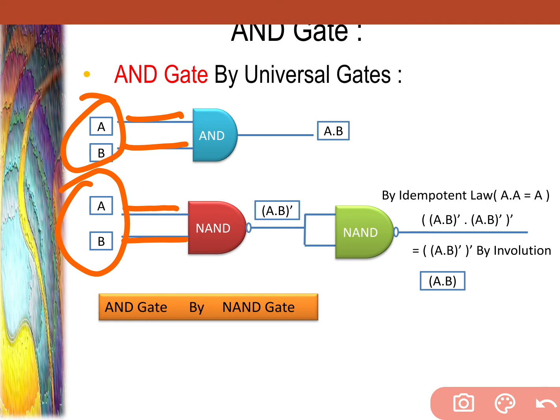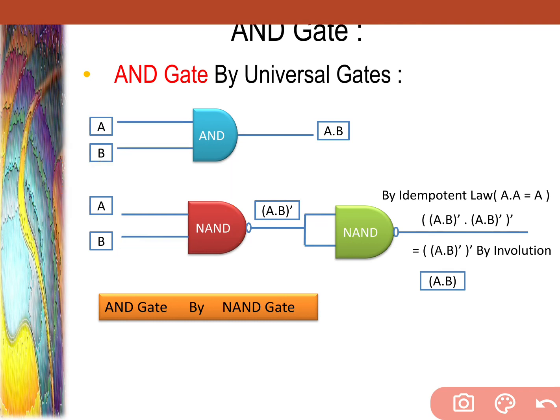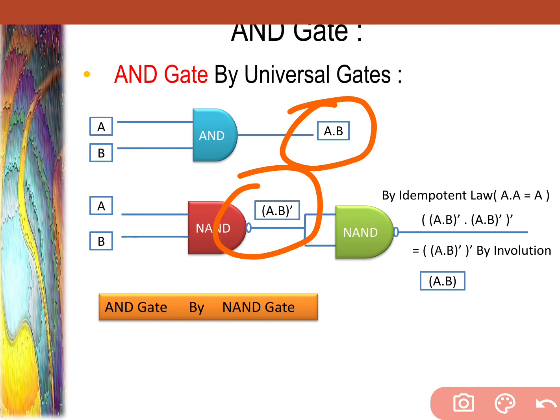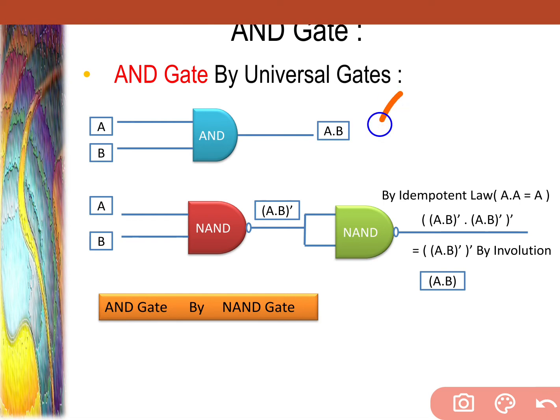And see, when we send it through the NAND gate, the output of the NAND gate is A dot B whole dash. But NAND gives us a dash, and in AND we don't have any dash. We have to remove that dash from A dot B, and then we have the answer we want. How are we going to remove that whole dash? If we send the same expression two times through the NAND gate, what will happen?